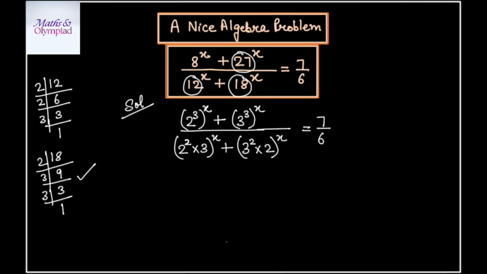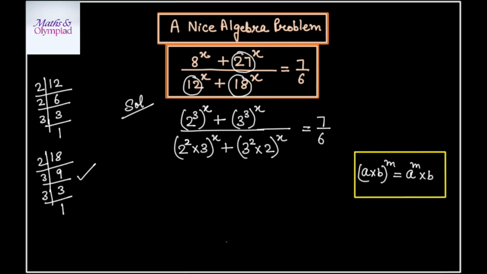Now I will use an exponential property which says (a times b)^m is equal to a^m times b^m. So I will write the numerator as it is.